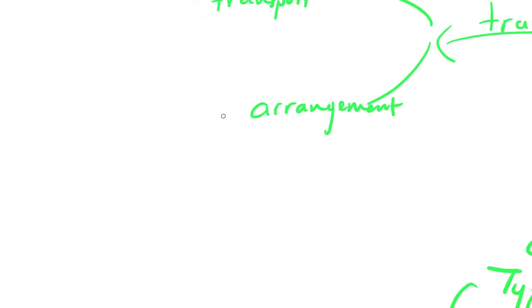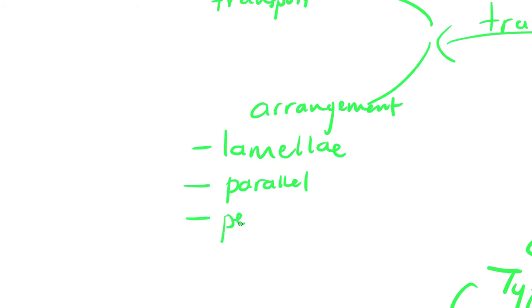The corneal stroma consists of many layers of what we call lamellae. And in the lamellae, all of the collagen fibrils that lie in that lamellae are arranged parallel to each other. The lamellae then lie on top of each other perpendicularly to each other.